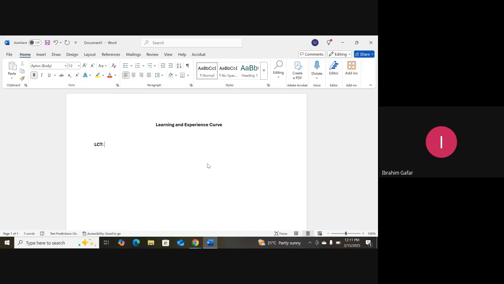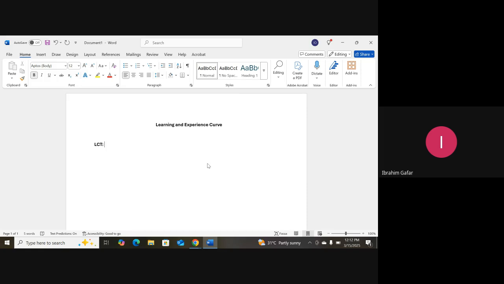The concept behind this learning curve is that the cumulative average time taken per unit produced is assumed to fall by a constant percentage every time the output is doubled. That is, every time the output is doubled, the percentage time will fall. So that is the concept behind this learning curve.